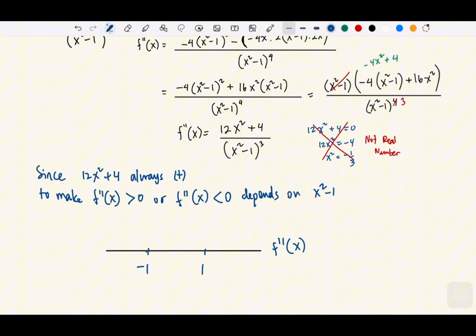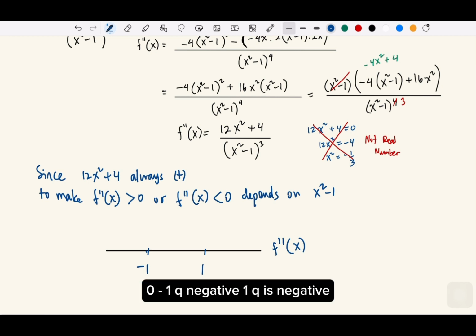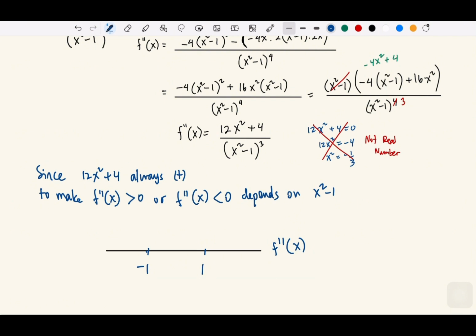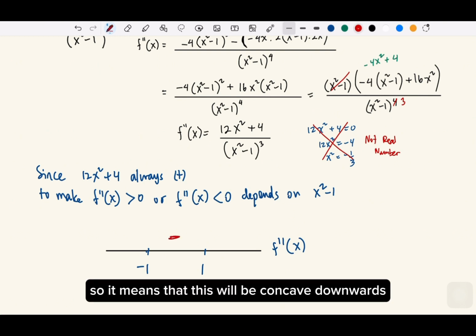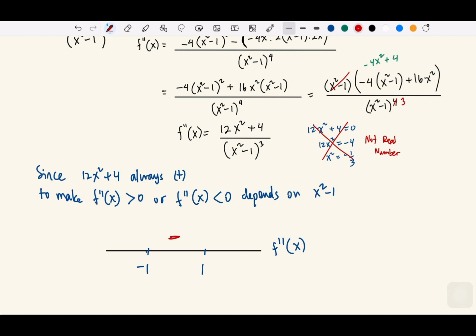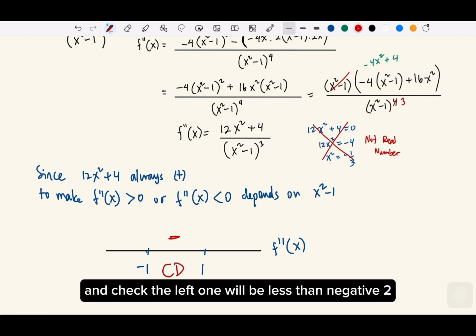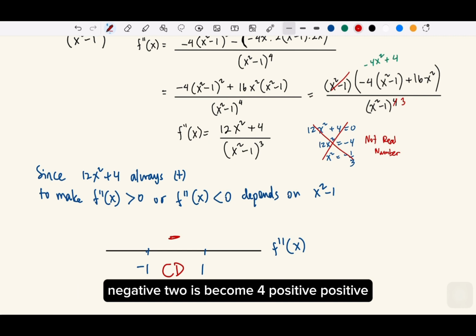From 0: 0, -1, cube. -1 cube is negative, so negative positive is negative. So it means that this will be concave downwards. And check the left one, let's say -2. -2 becomes 4, positive, positive.